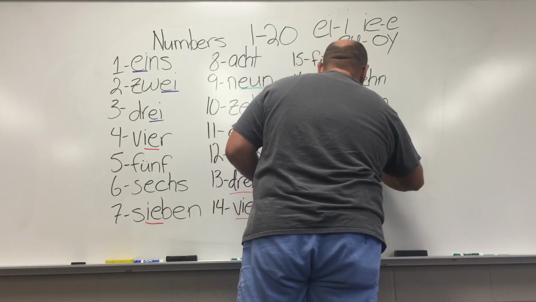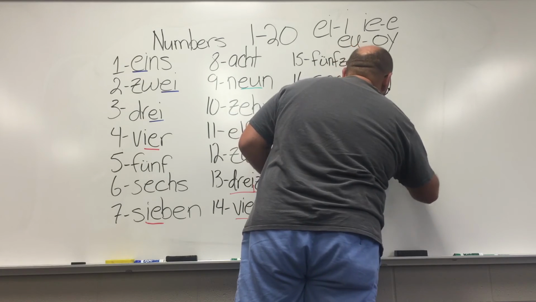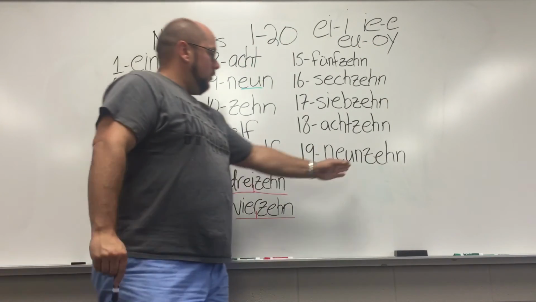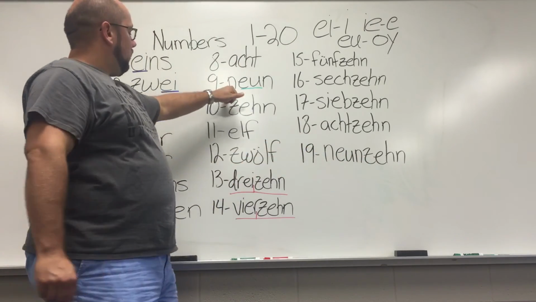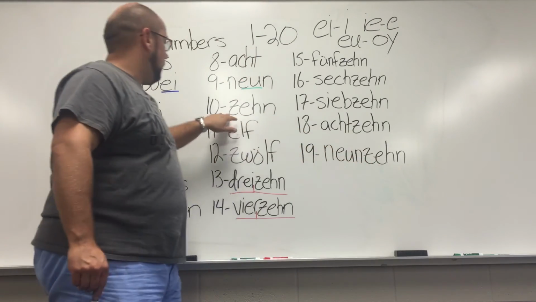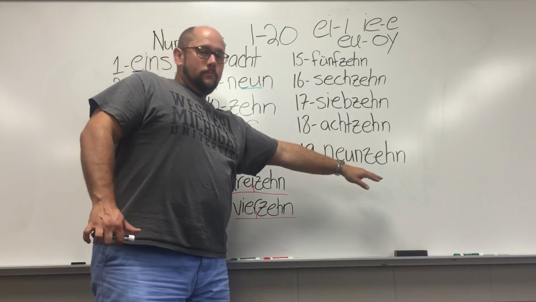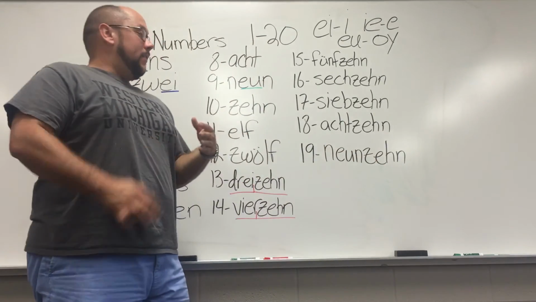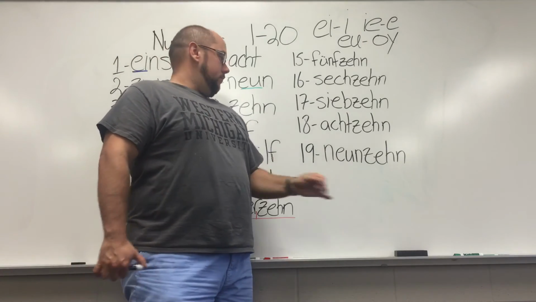Still following that same routine. Hopefully we're getting the hang of it now. Split it in half. Neun, zehn, neunzehn. 9 and 10, put them together, they give us 19.